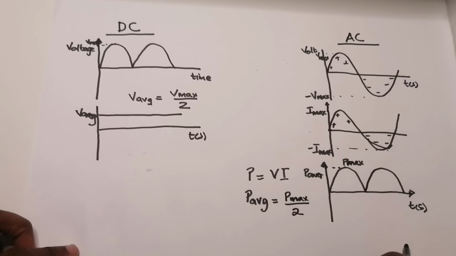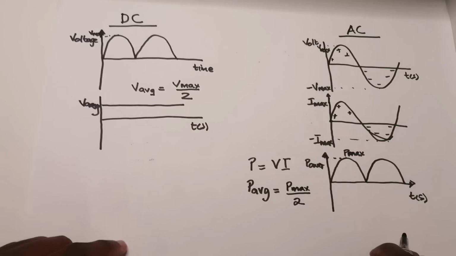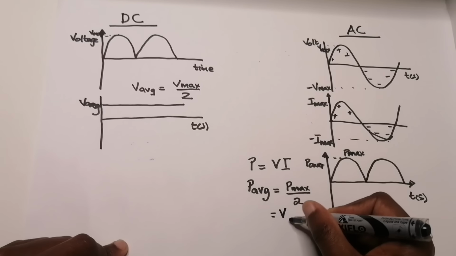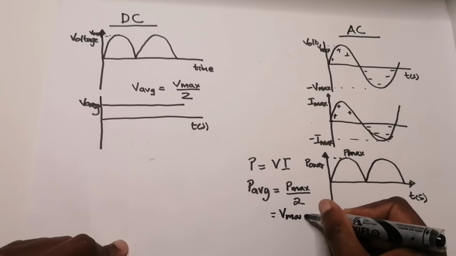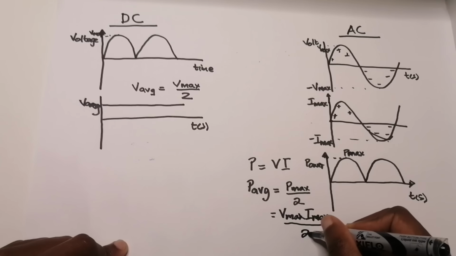Now, ladies and gents, for us to calculate the average power, I want you to please note, to get P max, this would be Vmax multiplied by Imax, divided by 2.